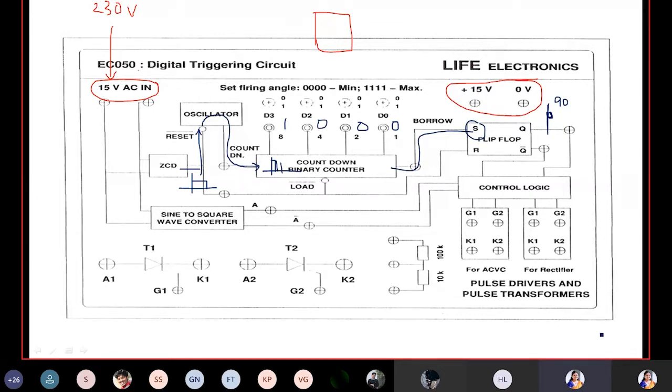It will be 0. Only at 90 degree will the pulse be passed to S. So till 90 degree the value of S will be 0. What will be the value at R?